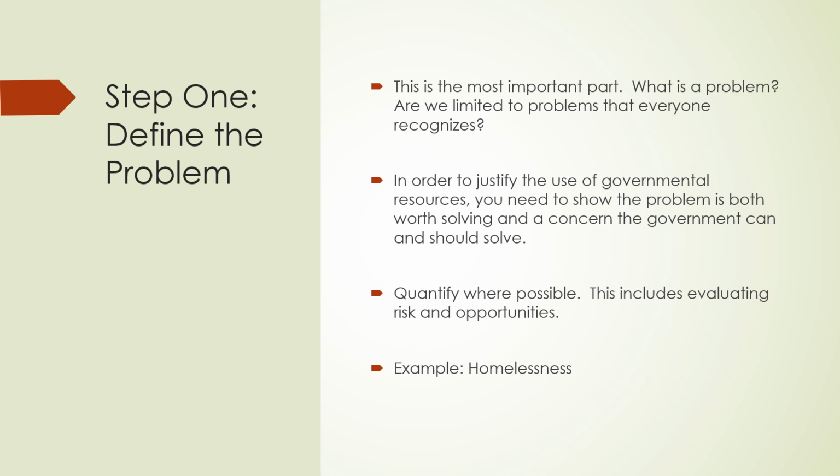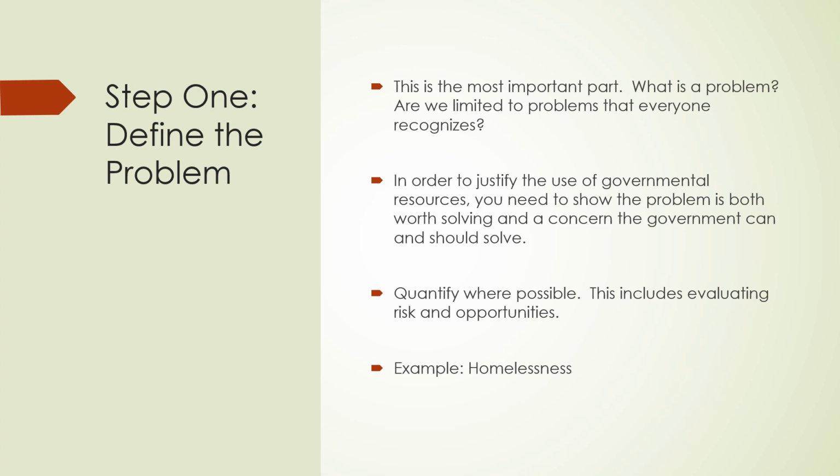Now, step one, defining the problem, is probably the most important part. What is the problem? Are we limited to the problems that everyone recognizes? And the answer to that is no. You can always make an argument that something should be on the public agenda.